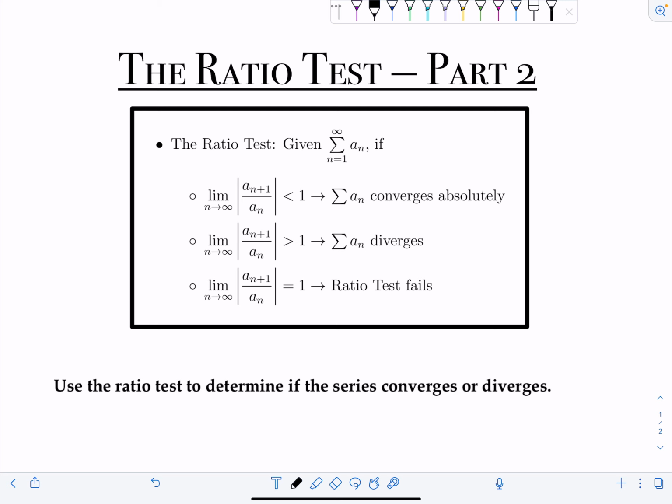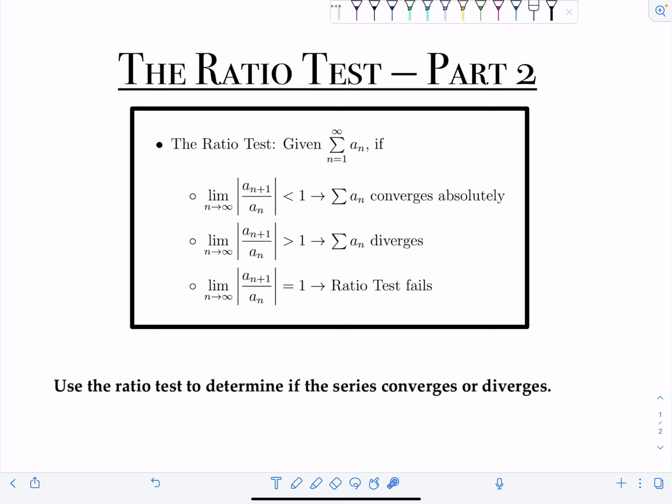Just as a quick recap though, how to use the ratio test. So you have an infinite sum, usually starts n equals 1 up until infinity, and we're summing up the terms a_n. If the limit as n approaches infinity of the absolute value of a sub n plus 1 over a sub n, if that limit comes out to be less than 1, then we say that the sum of a_n converges absolutely.